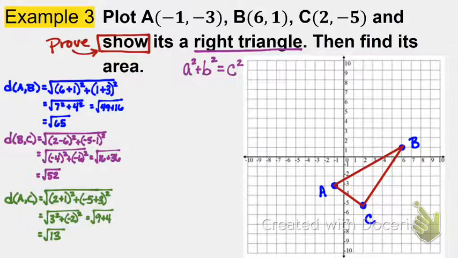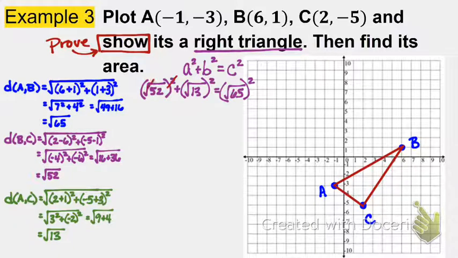So I'm going to take A and square it. So square root of 52 squared. I'm going to take B and square it. Square root of 13 squared is equal to the square root of 65 squared.